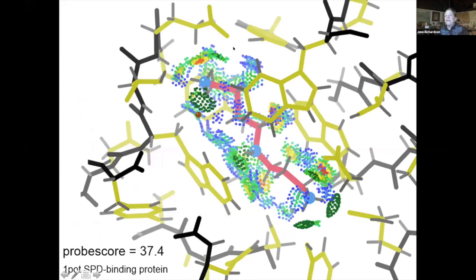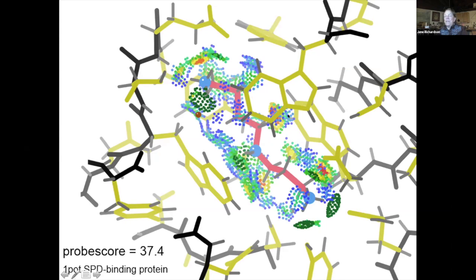So here's another example. This is a spermidine, which is a very difficult ligand fitting example. Spermidine has NH3s at the ends, and it has a single NH2 near the middle, but it's not at the middle. And so you could fit it with the nitrogen here or with the nitrogen here by flipping the whole molecule over backwards.